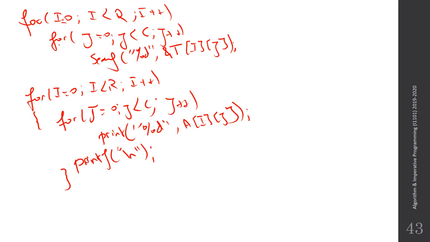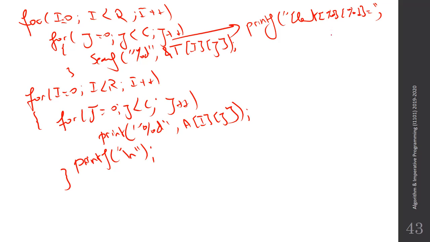So for the scanf here, I would use curly braces, and I will place here printf enter element. So I will place percentage d percentage d equal, so the user will enter something here, and I will place here i plus 1, j plus 1.